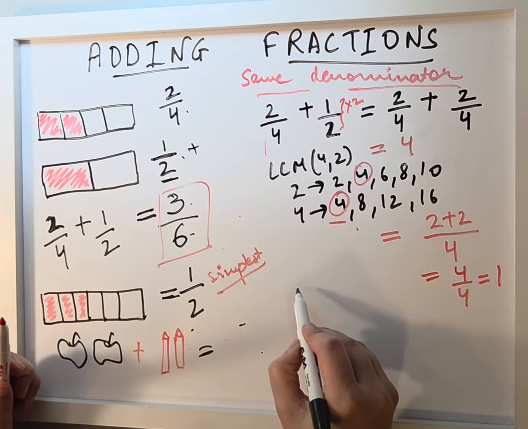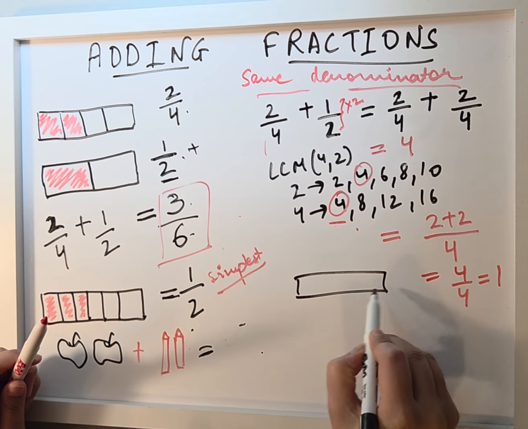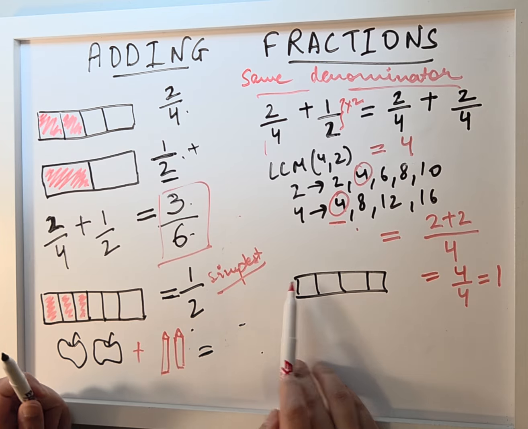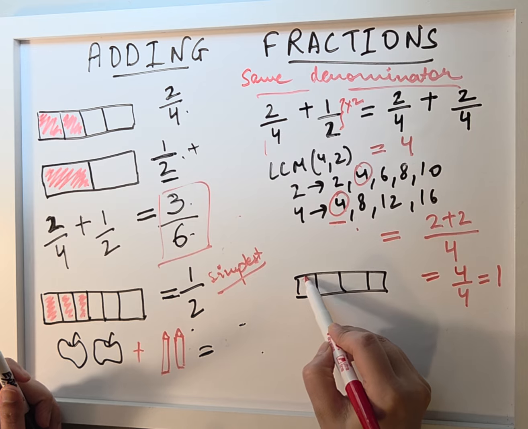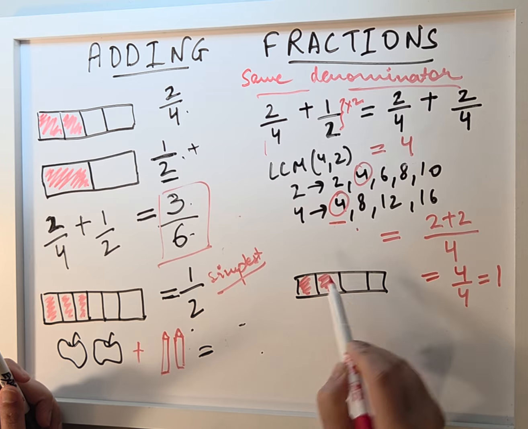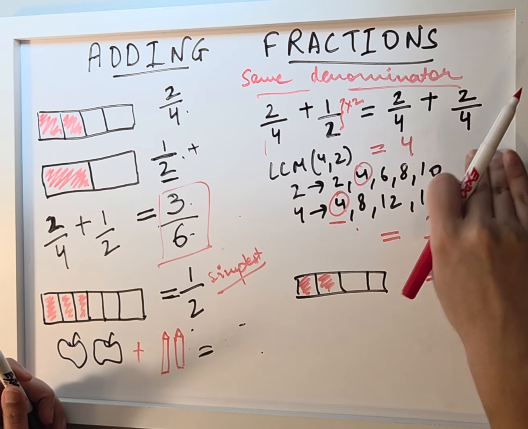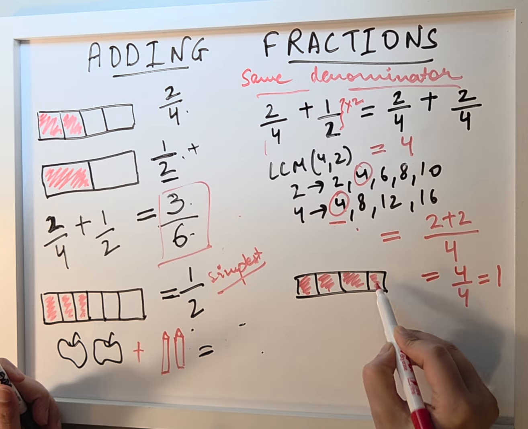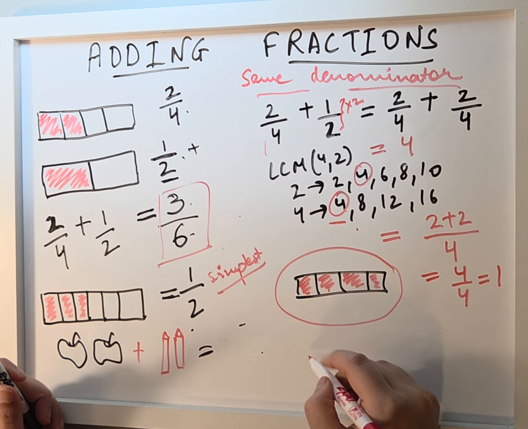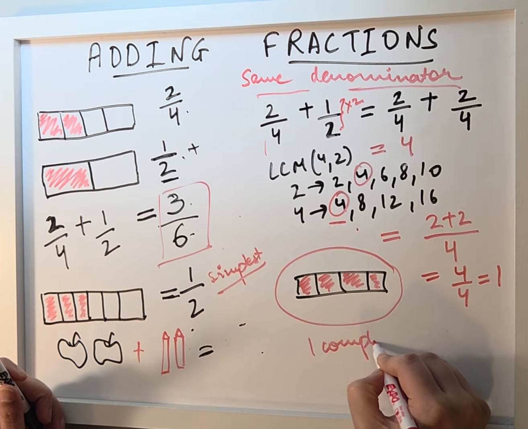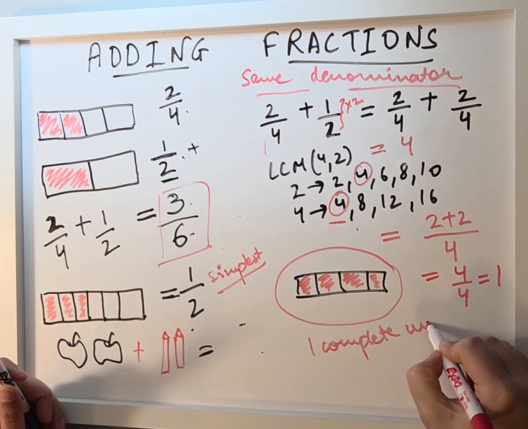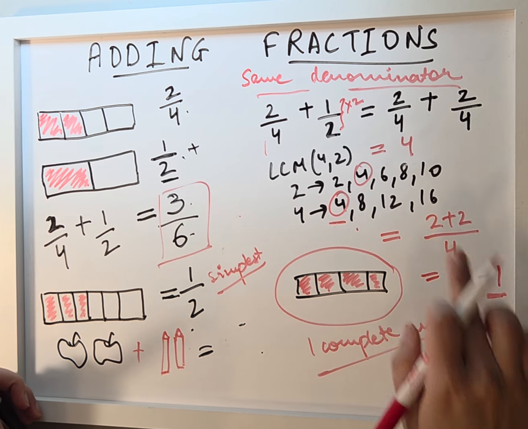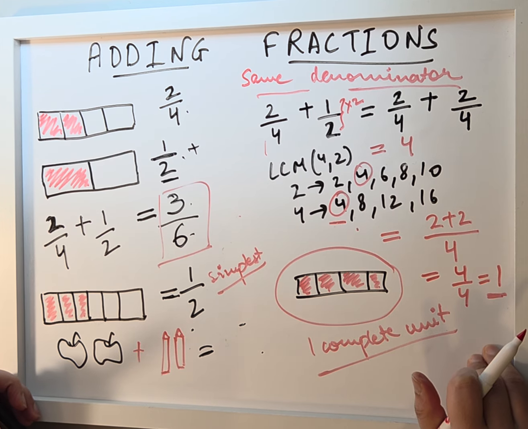Because we had two things divided into 4 equal parts: first 2 parts out of 4 were shaded, plus another 2 parts out of 4 were shaded, which gives us one complete shaded unit. So our answer should have been 1, and we are getting it correctly.